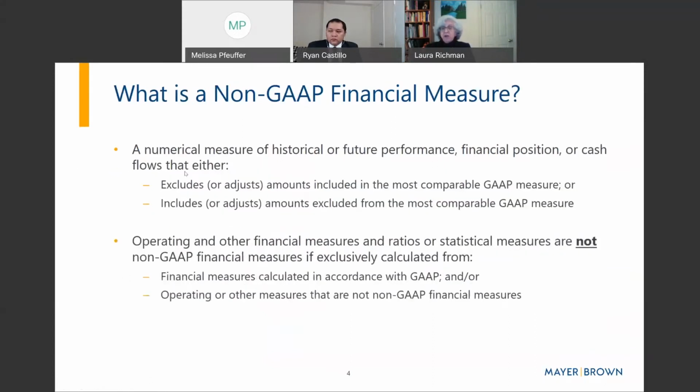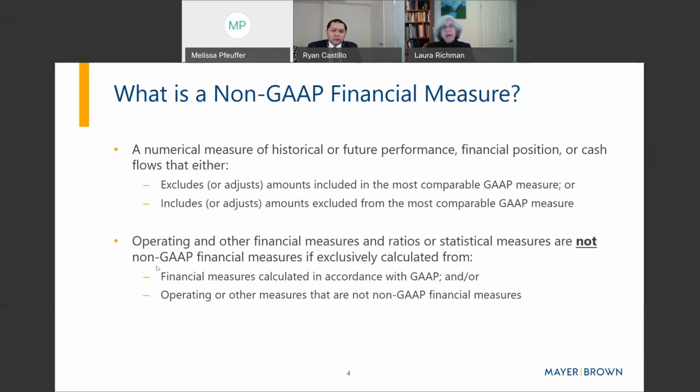Earnings before interest and taxes, or EBITDA, which is earnings before interest, taxes, as well as carving out depreciation and amortization. Or maybe you have adjusted earnings or adjusted EBITDA that are removing various one-time, irregular, or non-recurring adjustments. Free cash flow is another example, typically calculated as cash flows from operating activities minus capital expenditures.